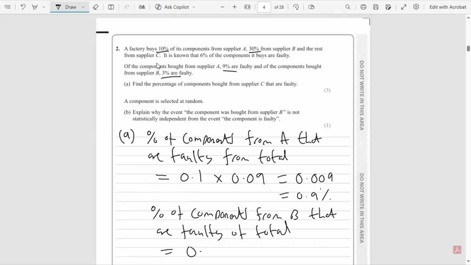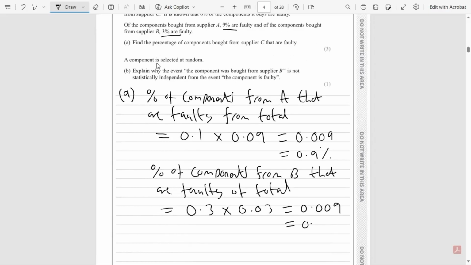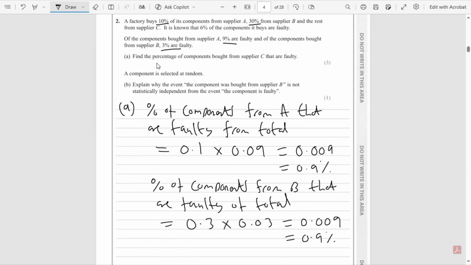So 30% of 3%, so 0.3 times 0.03. And on my calculator, this would give me another 0.009, so another 0.9%.